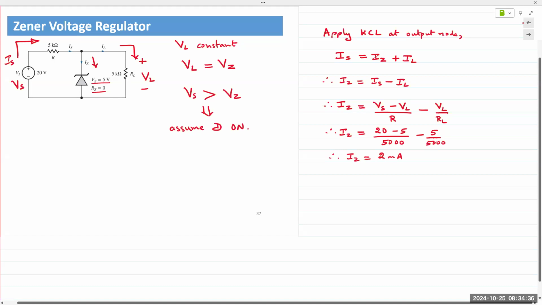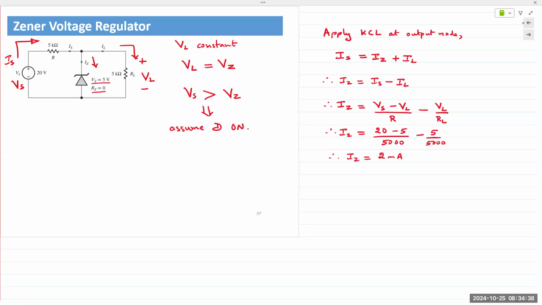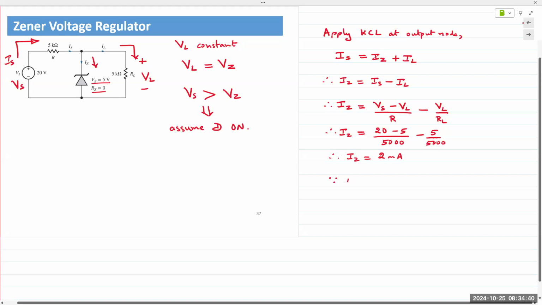A positive value. Hence IZ is greater than 0. Solution is valid.